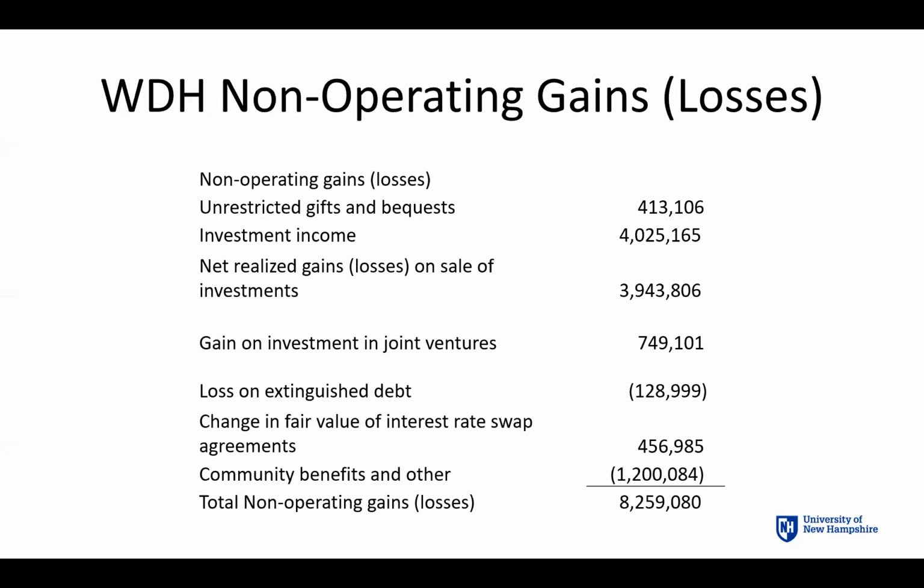Then we have what Emma was just talking about, investment income. So Wentworth Douglas has a large amount of money set aside in the shape of investments. That first line refers to investment income. So Wentworth Douglas invests some of its money in investments that yield what is considered ordinary income, kind of what we were just talking about, dividends, interest.